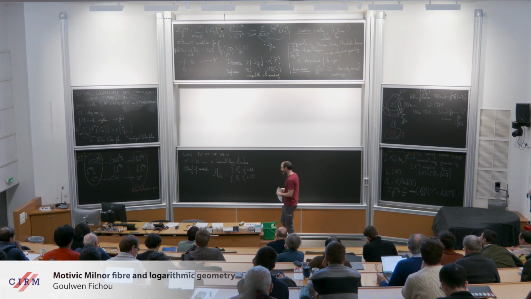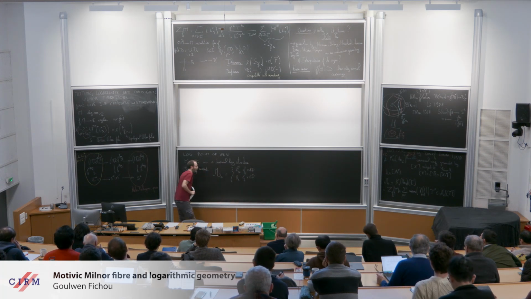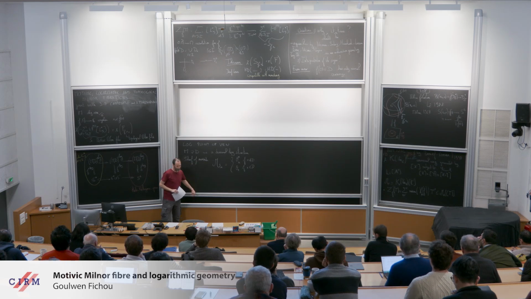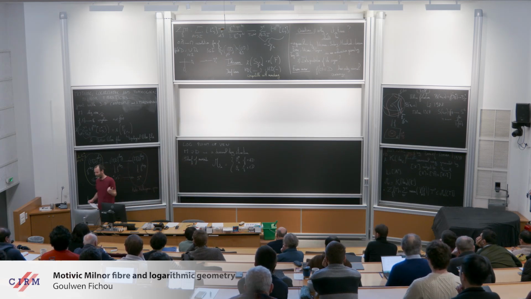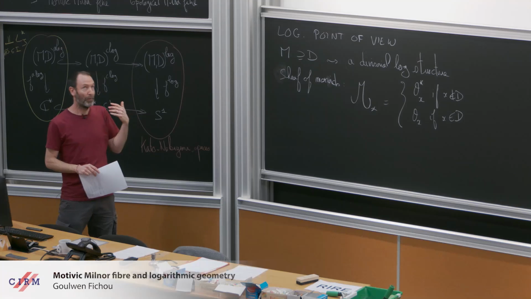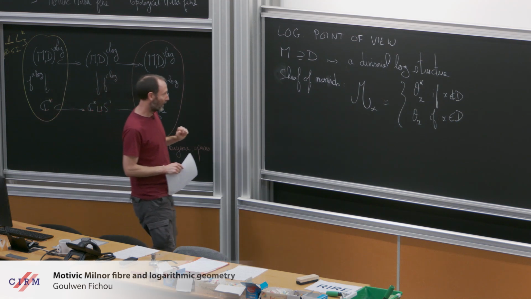So that's a sheaf of monoids. So a monoid is just like a group with no inverse. So you have just multiplication, and also you have existence of identity, I mean neutral element for the law.